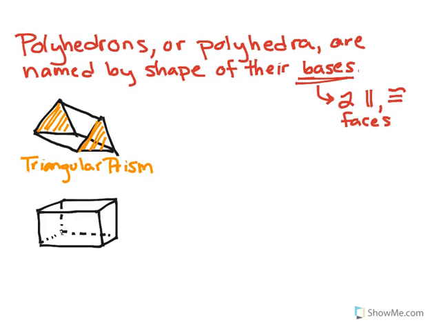So now we have this one, and again, we want to identify the parallel sides, and there should be two of them. I'm seeing these end pieces here as the bases, which means that this is a rectangular prism. Granted, those could be squares, but we always stick with rectangular.